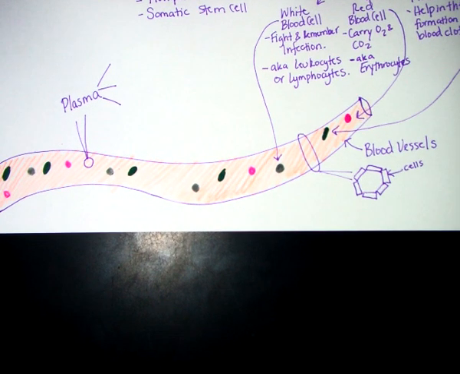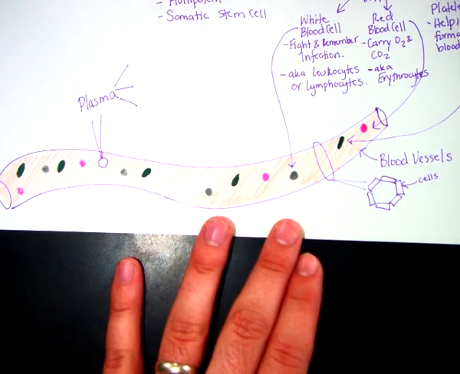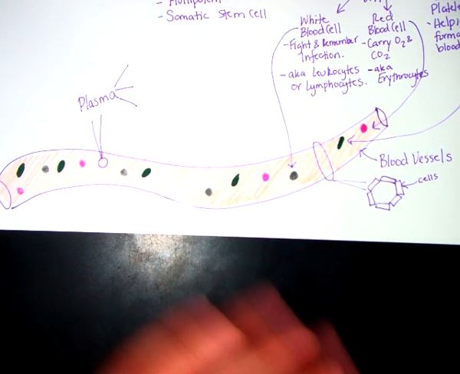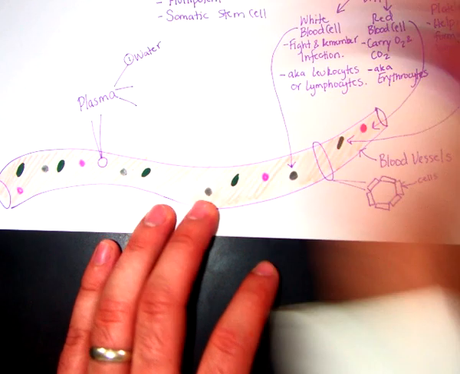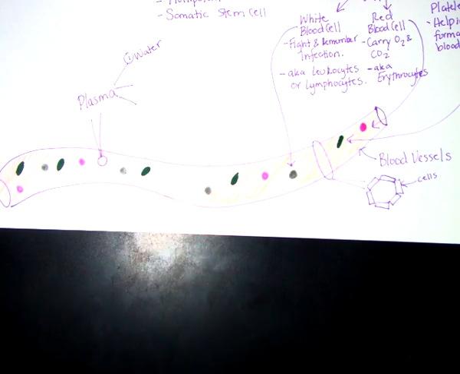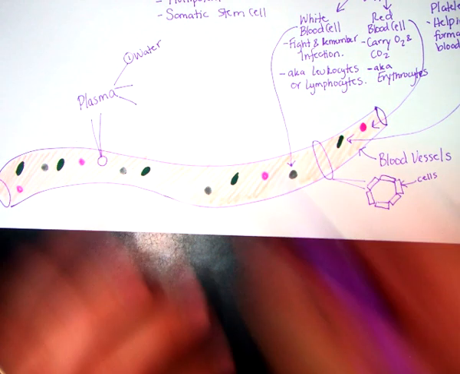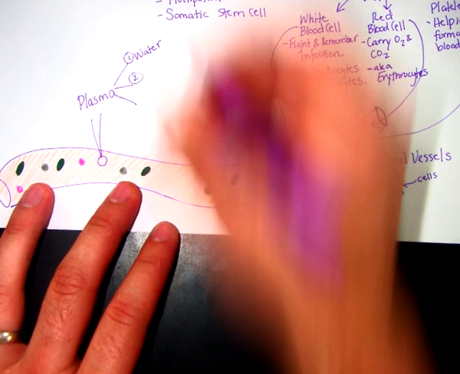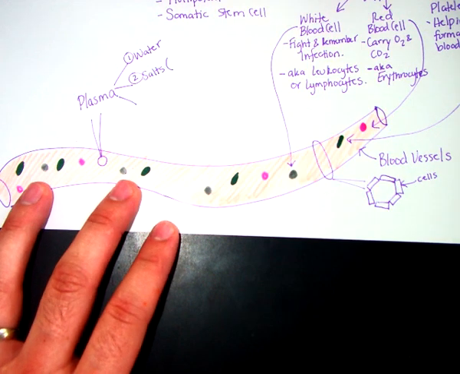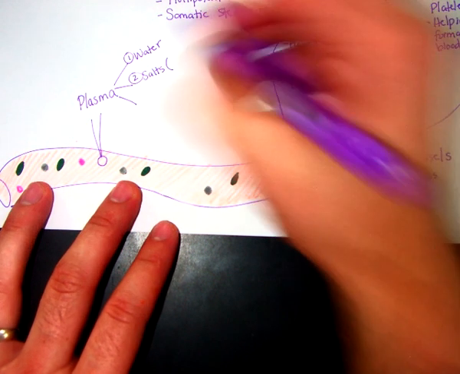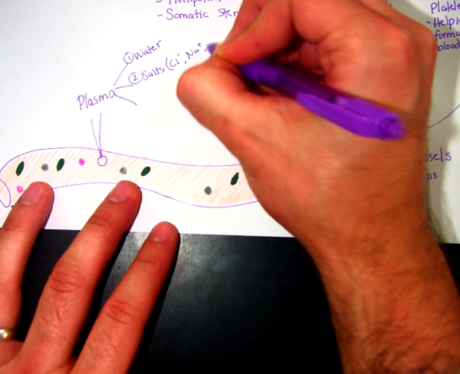So this plasma, three major parts. This will be our last thing. Number one, water. Most of your blood is made out of water. Number two, salts. We saw last sequence that there is fluoride in our blood. There's also sodium and other types of salts.